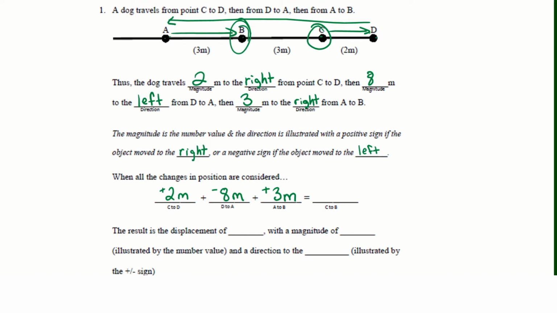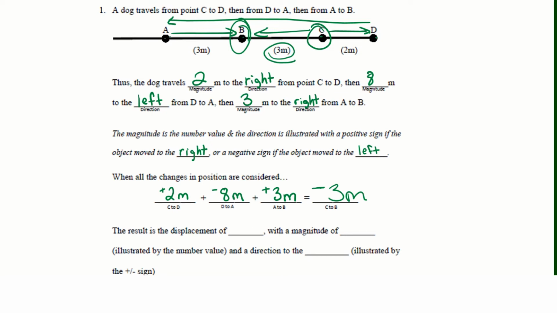You should know that you went to the left, and that you moved a total of 3 meters. So I would already know that my value should be a negative because it moved to the left. That was the final position. And it was a total of 3 meters. But let's verify that both of these sides equal the same thing.